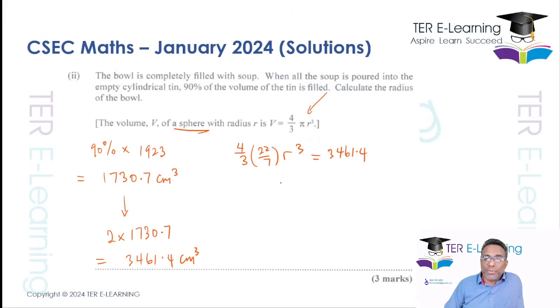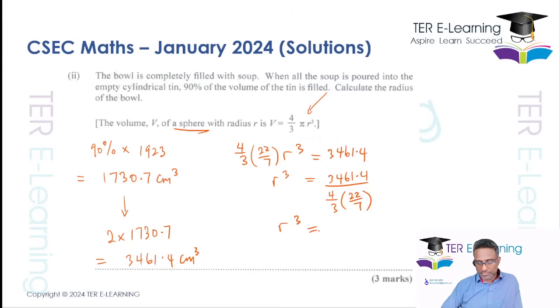So all I'm going to do now is say r cubed is equal to 3461.4 divided by 4 over 3 multiplied by 22 over 7. So r cubed is equal to about 826. Therefore, if you want to figure out the radius, it's going to be the cube root of 826.